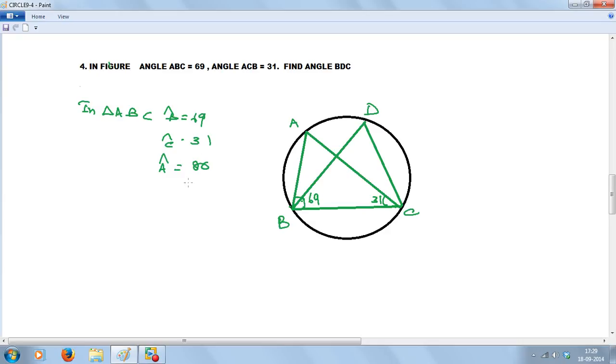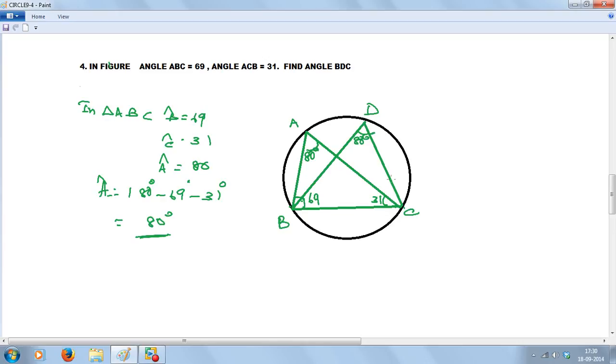We combine all three. Angle A is equal to 180 degrees minus 69 degrees minus 31 degrees, so it is equal to 80 degrees. So we have found this one now. A is 80 degrees. Then the angle subtended by the chord BC at any point on the circle is the same. So if this is 80, this angle also is 80. Find angle BDC.